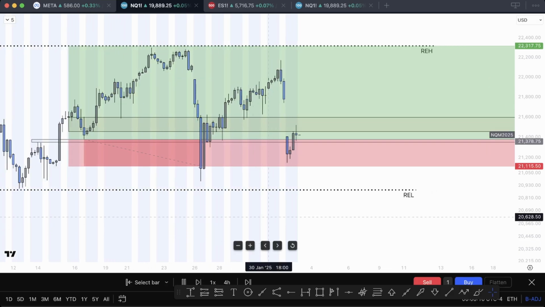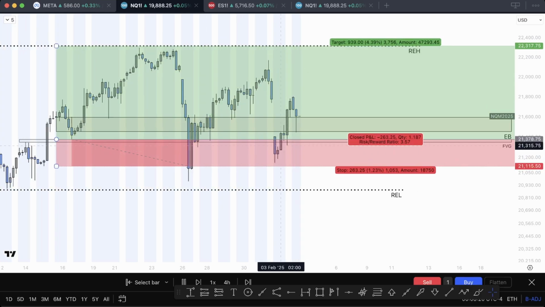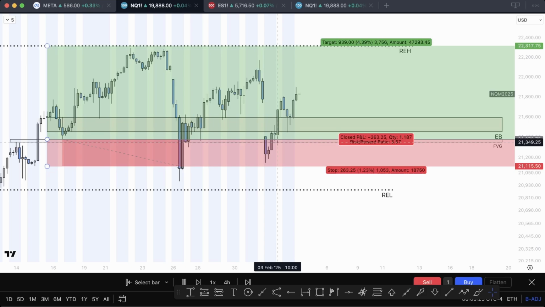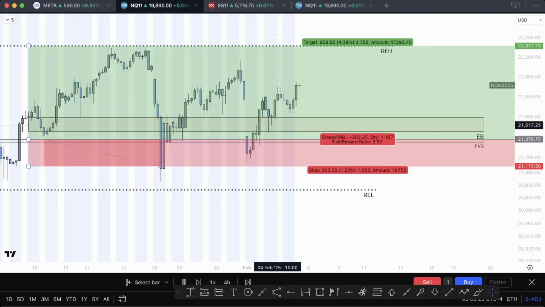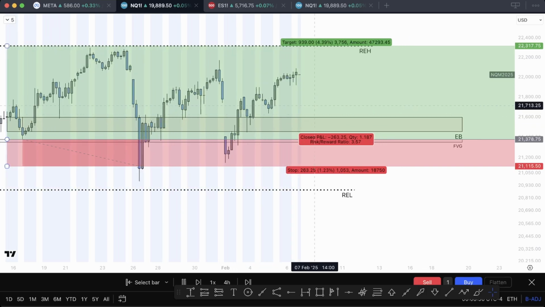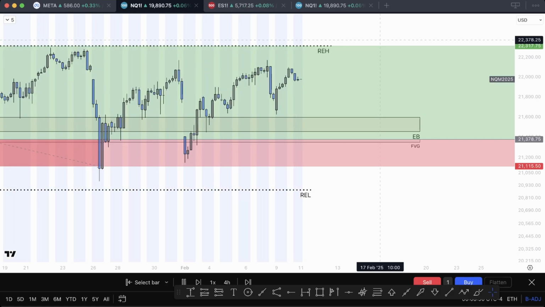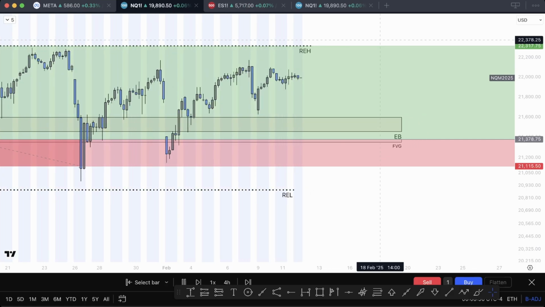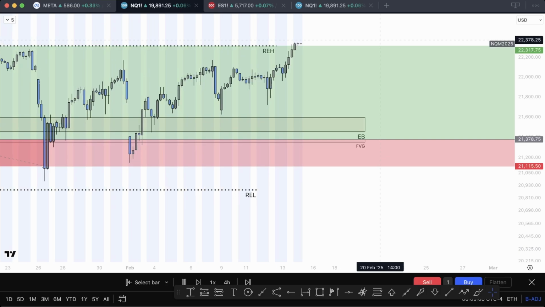As you can see here, price pulled back to our daily fair value gap entry, and buyers instantly stepped in. Not only that, but we also got the retest of the daily equilibrium block. And just like that, PT is hit.